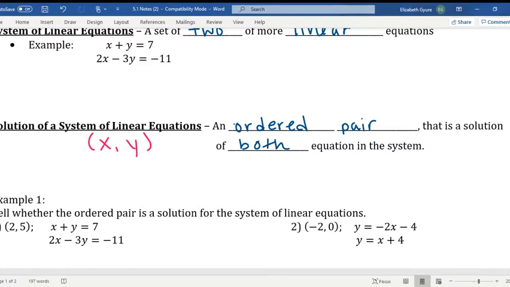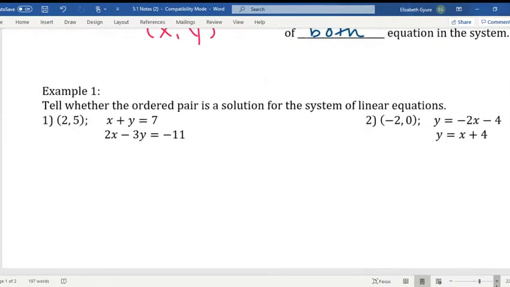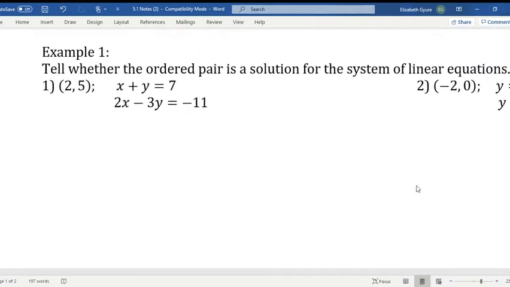Okay. So what we're going to do next is tell whether the ordered pair is a solution for the system. So we've done it with 1. We saw if one number was a solution, but now we have 2 variables, so we need to see if both are solutions. Now, in order for this to work, it has to work for both equations and both numbers.